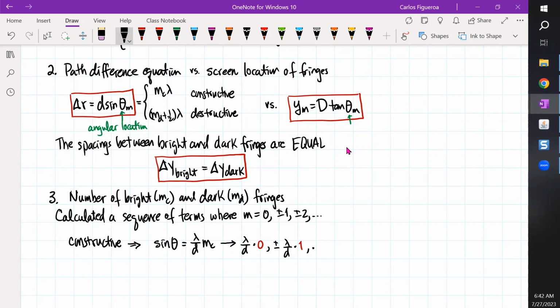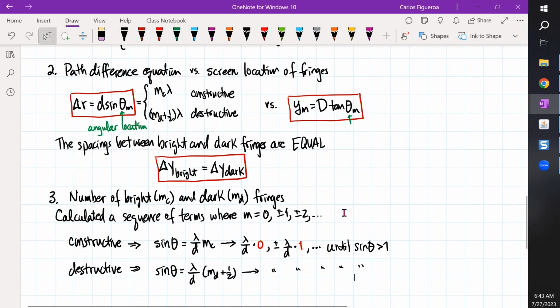We just kept going until sine of theta is greater than 1, and then the sequence for m_c ends. We did the same thing for destructive. In destructive, we had a slightly different relationship that looked like m_d plus 1/2, and then we followed the same sequence as with constructive with the slightly different equation.